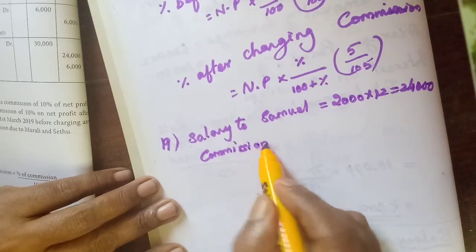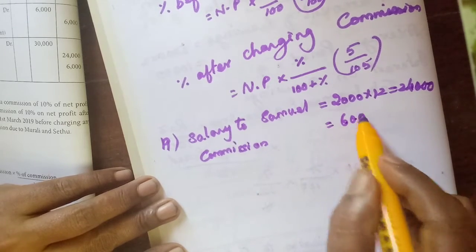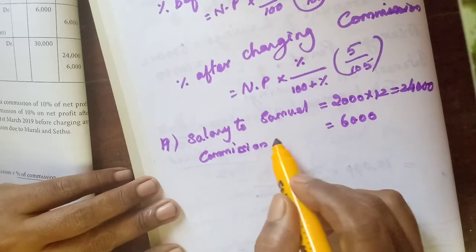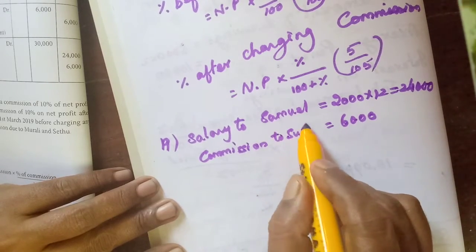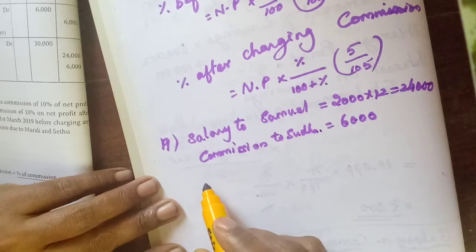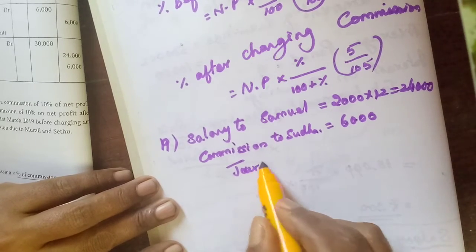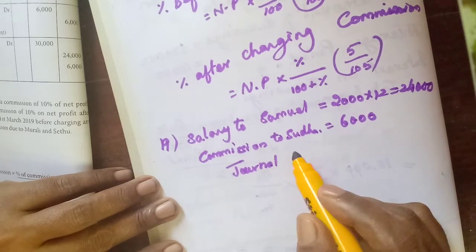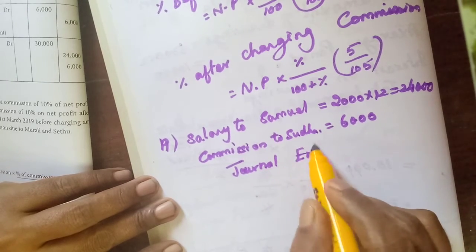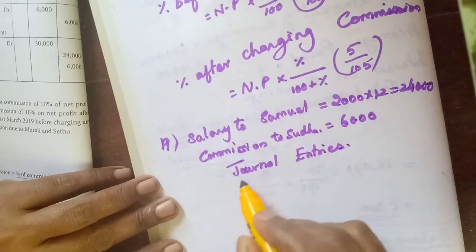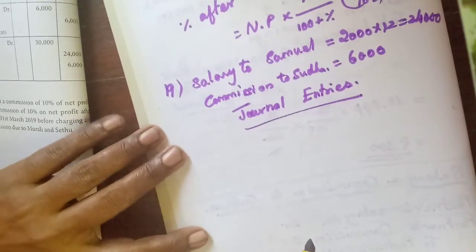No need to calculate. 6000 to Sudhakar. Now the journal entry. We should draw the column. It will be drawn for you in the accountancy notebook. Do not worry.